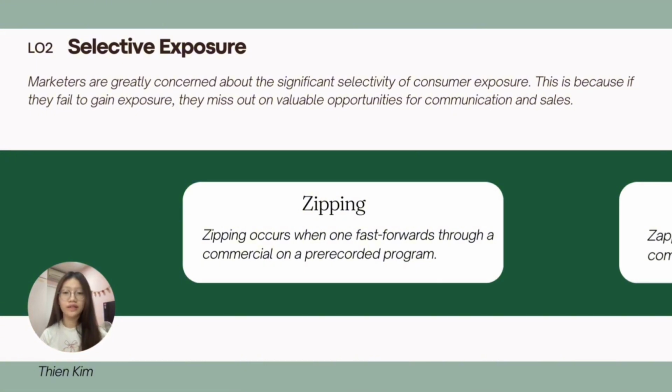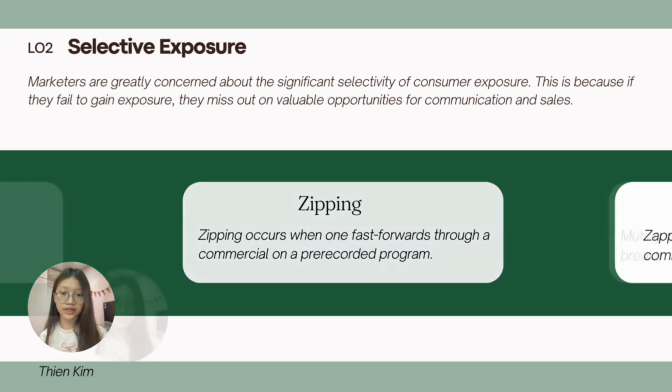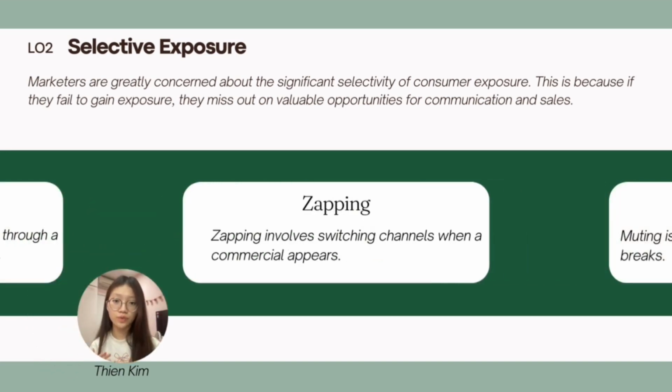Marketers utilize various media platforms such as television, radio, and magazines, and we have new terms here. First is zipping. Zipping occurs when one fast forwards through commercials on a pre-recorded program, and next is zapping. Zapping involves switching channels when a commercial appears.